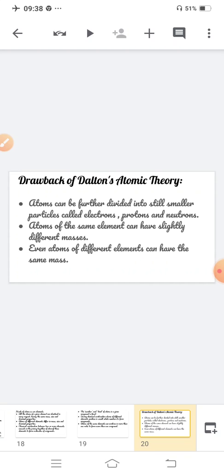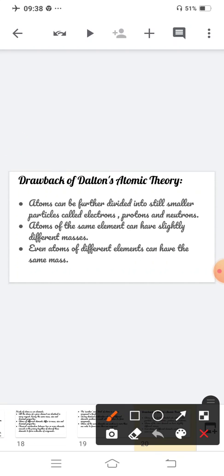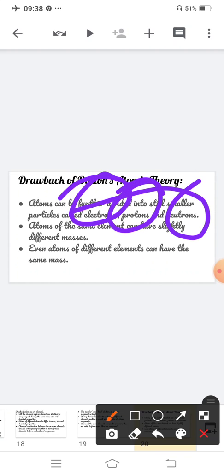We told you that atoms cannot be divided, but after searching more and more, we found that you can divide atoms into smaller units like electrons, protons, and neutrons. That means if you divide an atom, you divide it into 3 parts: electrons, protons, and neutrons. Is this clear? We will study this later on.